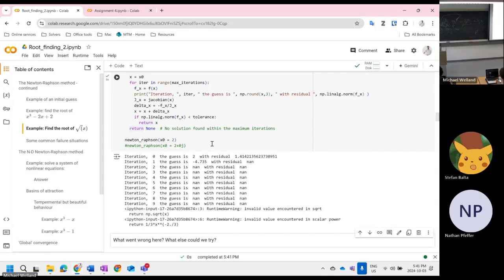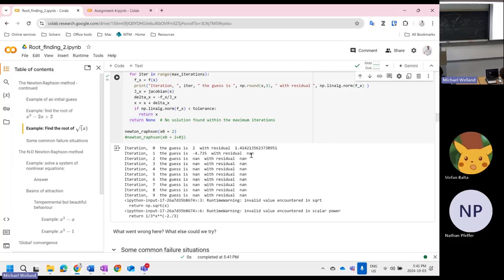But it goes super wonky. This is a little bit cheating. Anybody know why this went so funny so quickly? Anybody? Class? What's the problem with square root of x?